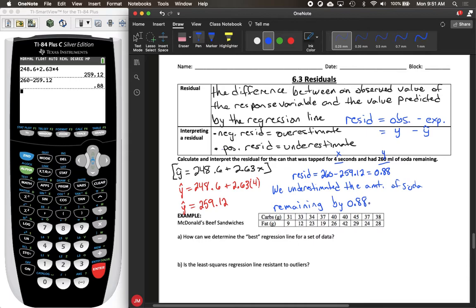Residuals will actually include the label for our response variable, unlike r, where we don't include that. With residuals, we will include a label for that value.